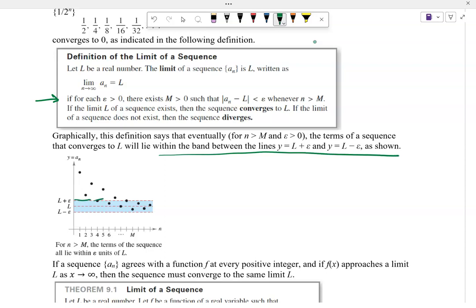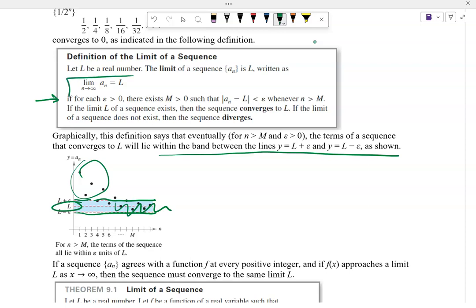Can you see how here's your L plus epsilon, L minus epsilon? Here's a first few terms might be over here, but eventually it's getting within the band, and it's going to approach that limit, right? If it has a limit, right?